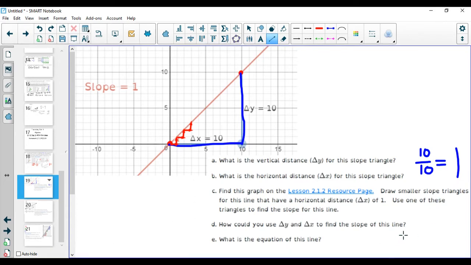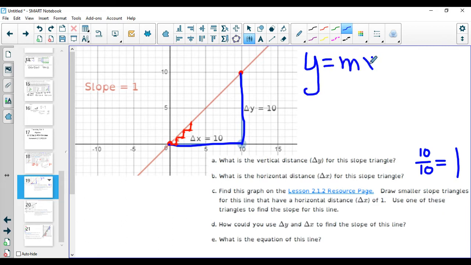So in this case, we use that change in y over change in x to find our slope. The equation for this line, again, we use y equals mx plus b. M is our slope or our growth.